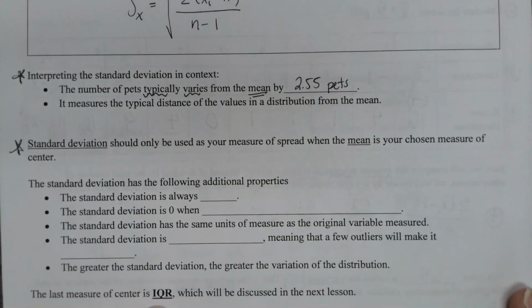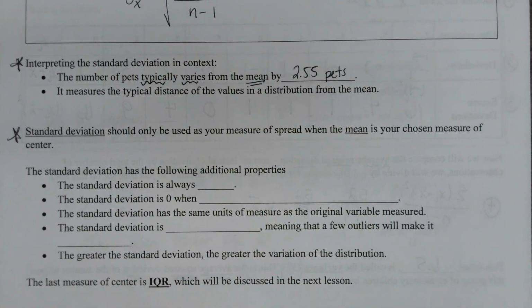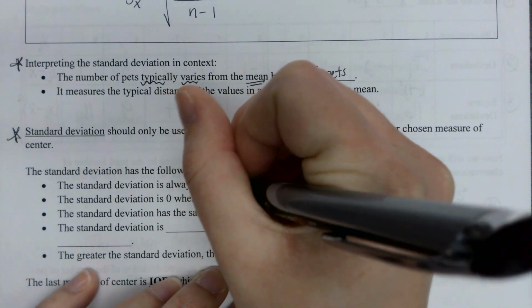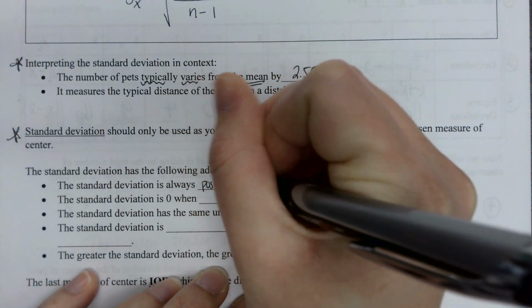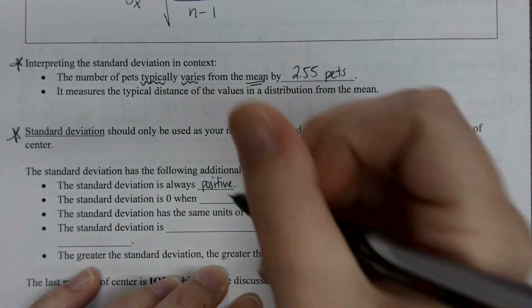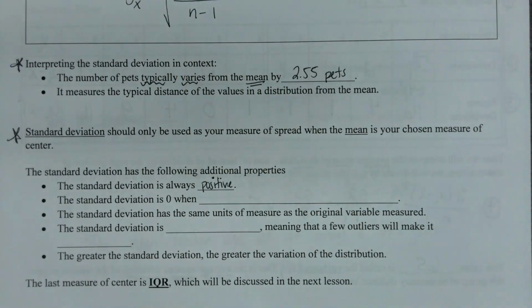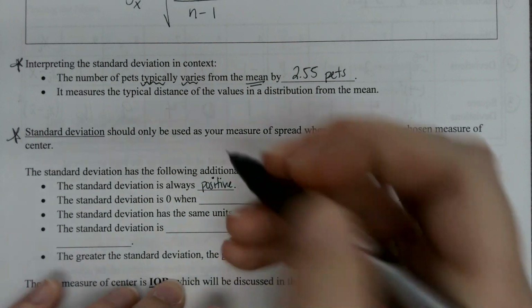So, additional properties of standard deviation. Standard deviation should always be positive. It should never be negative because we're typically varying by a certain amount. Now, the standard deviation can be 0. Well, that just means that if we have 0 variation from the mean, we have all the same value in our data set.